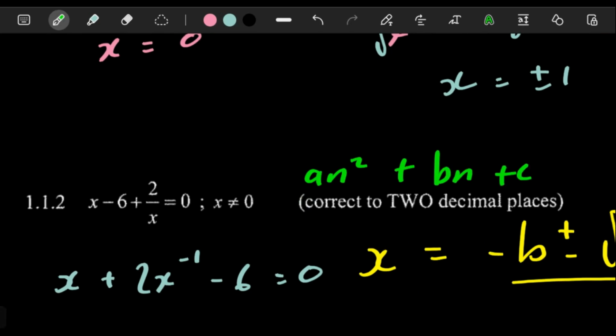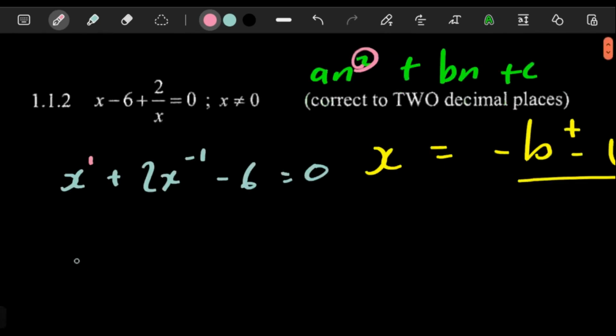So in our case, we know that this is to the power of 1. If you want to write this with something that is squared, you have to be creative and think of a number that, if you multiply it by 2, is going to give you a 1.